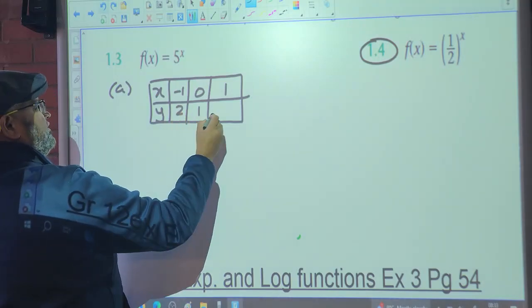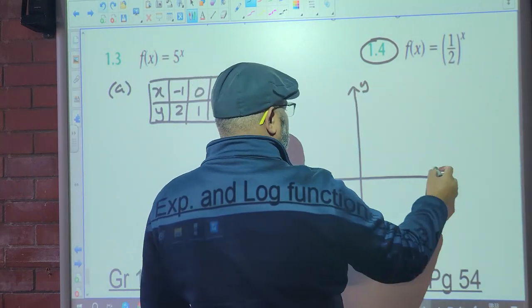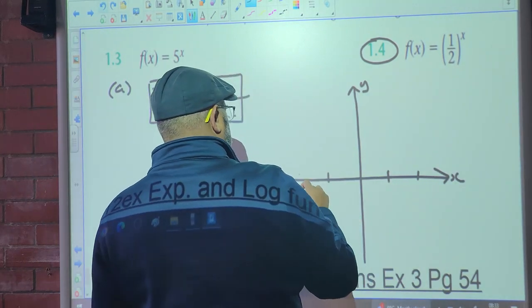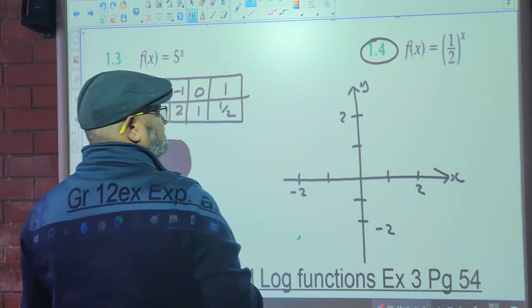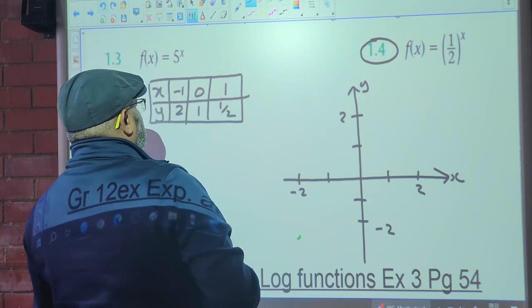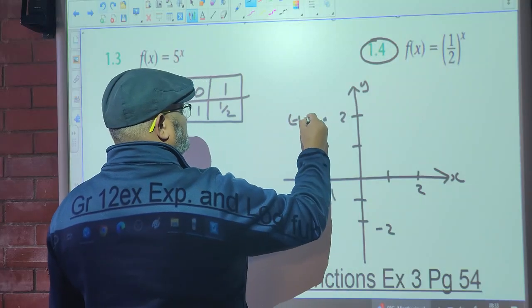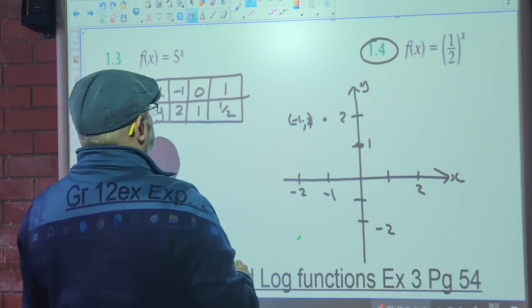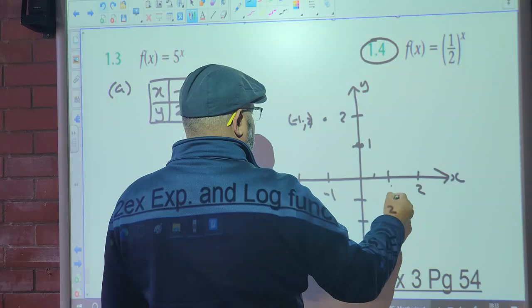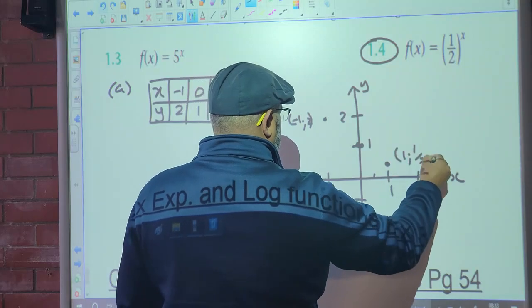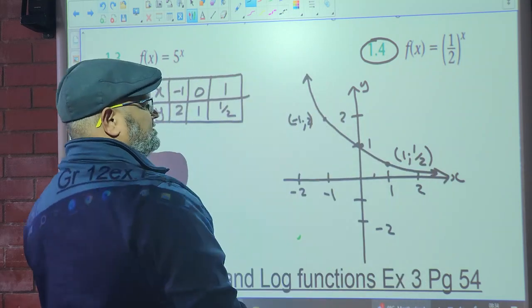So it's going to be 2, 1 and a half. So minus 1 and 2, 0 and 1, and 1 and a half. Graph is decreasing. Okay, and this is your function.